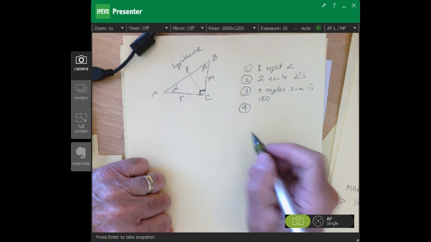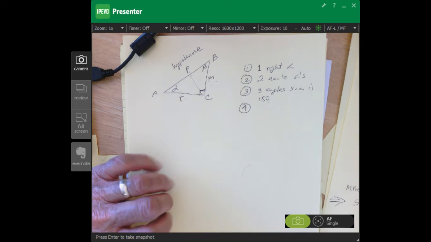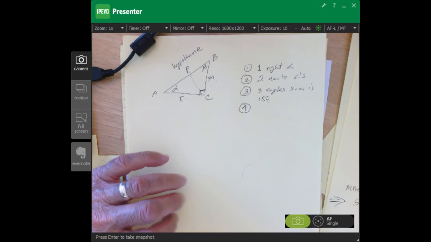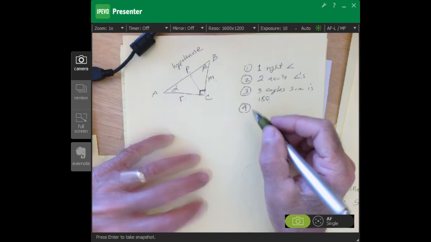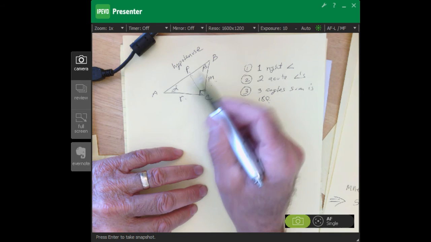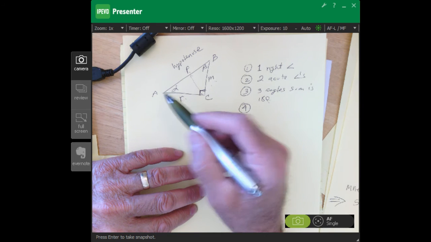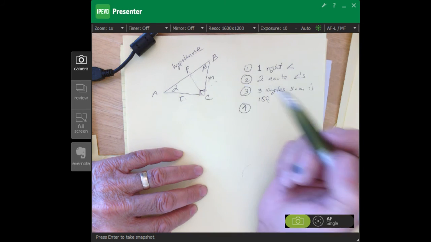Now, I think it's best to start off with the hypotenuse because it's going to be the same no matter what angle you're looking at. The other two angles are going to determine which is the opposite and the adjacent.